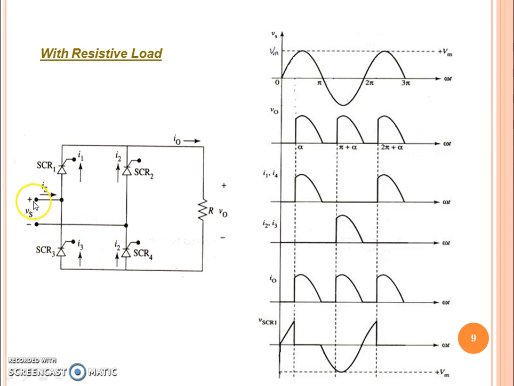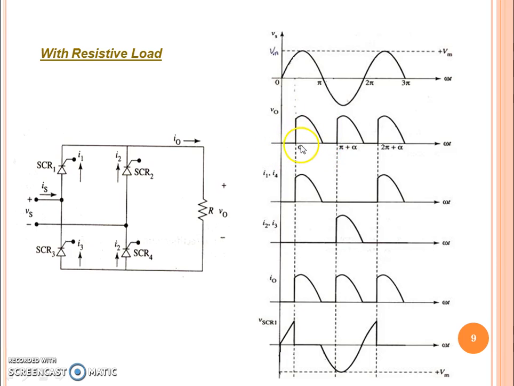So this positive will enable this thyristor, and this negative polarity will enable this thyristor, so that during the positive cycle SCR1 and SCR4 are conducting. The current flows from the source through SCR1 directly to the resistive load, and then comes to SCR4 and closes to the negative polarity of the supply. This is what is mentioned here from alpha to pi.